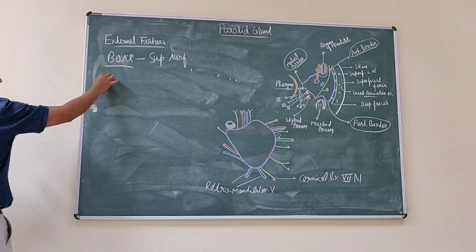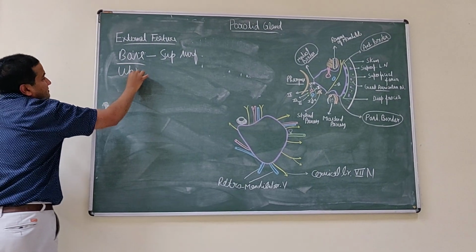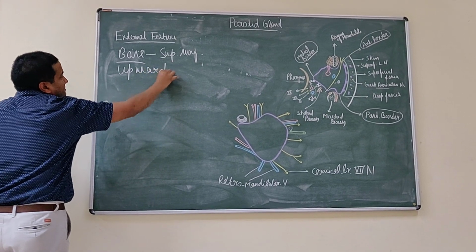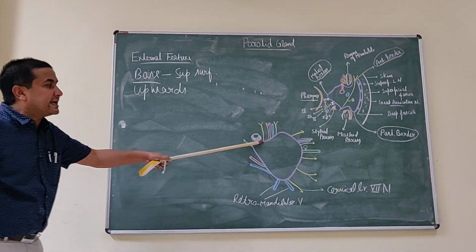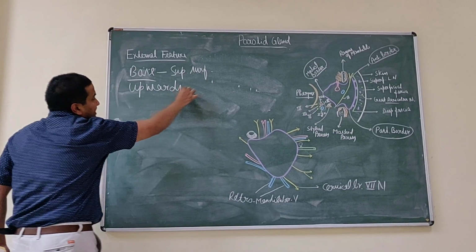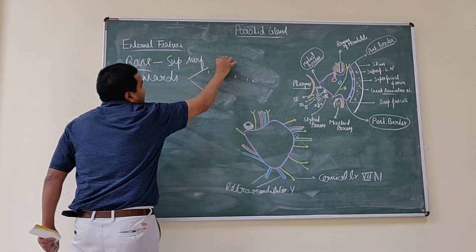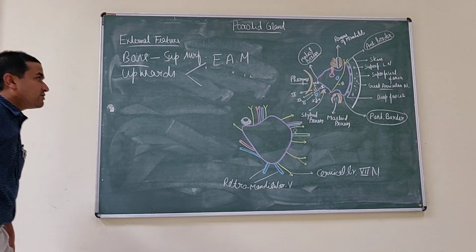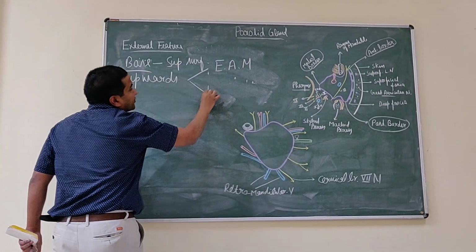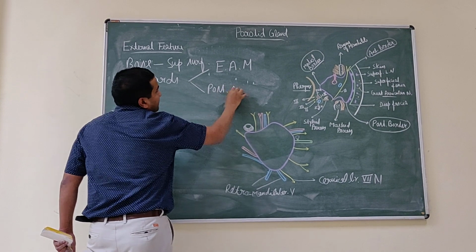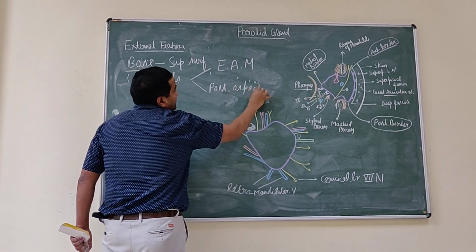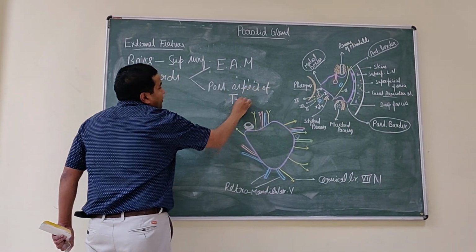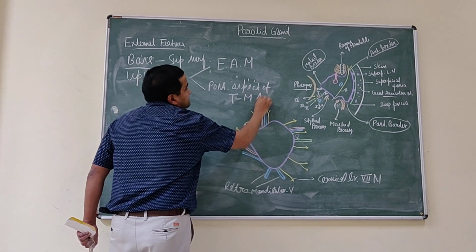It is directed upwards and it is concave, irregular, and it is related with the external auditory meatus, as well as with the posterior aspect of the temporomandibular joint.